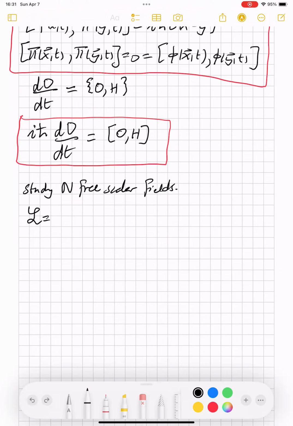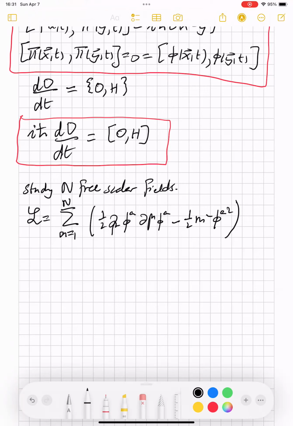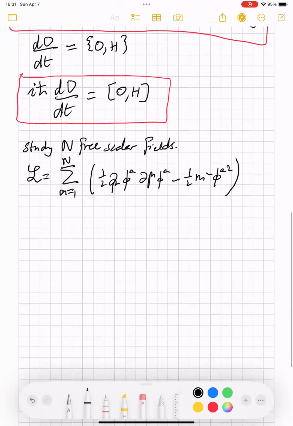There would be a sum from A equal to 1 up to n. Then you would have 1/2 ∂_μ φ_A ∂^μ φ_A minus 1/2 m² φ_A². So one term for each A, one Lagrangian for each of these fields.